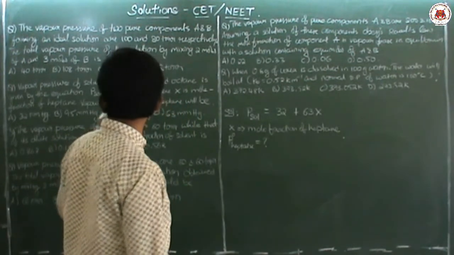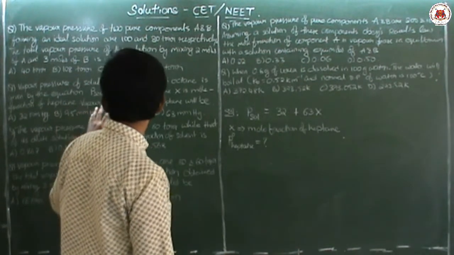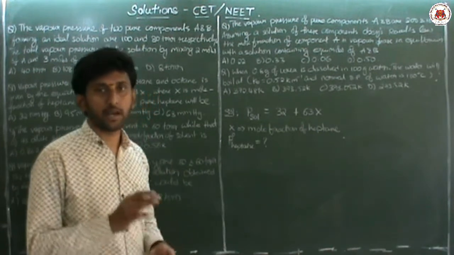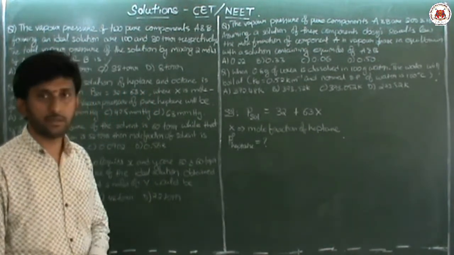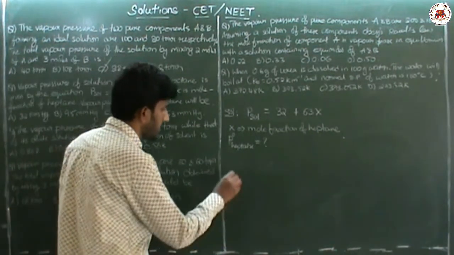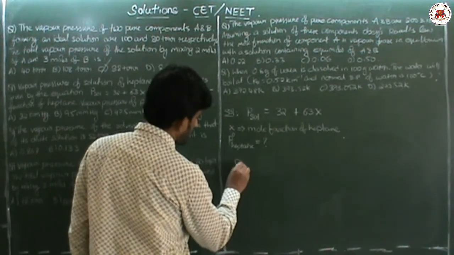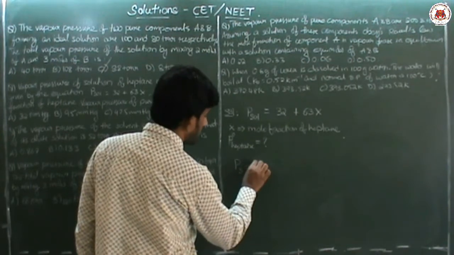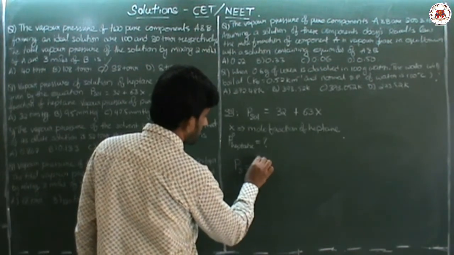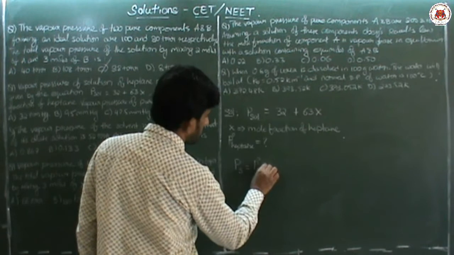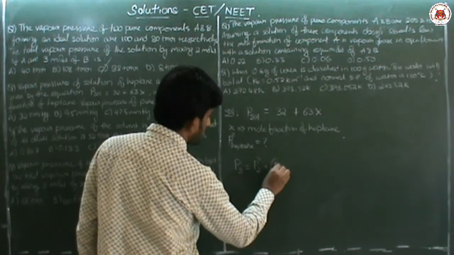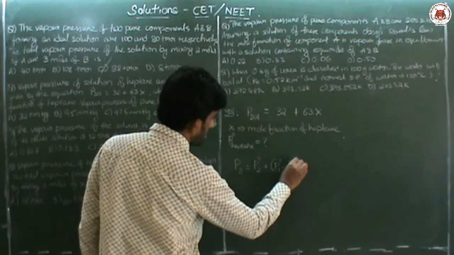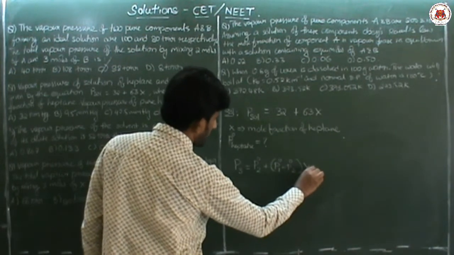Now heptane and octane are taken in the mixture. Heptane and octane means two volatile liquids. Raoult's law is applied for two volatile liquids. You know the final equation will be: pressure of solution is equal to P02 plus P01 minus P02 into x1.